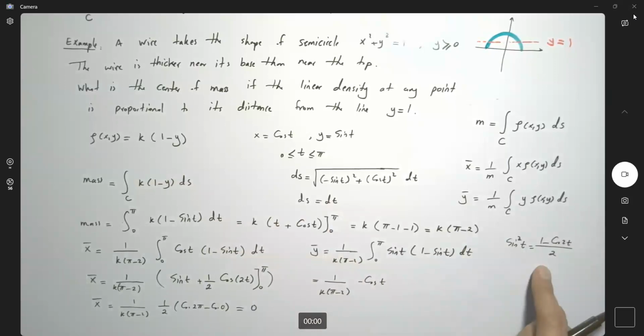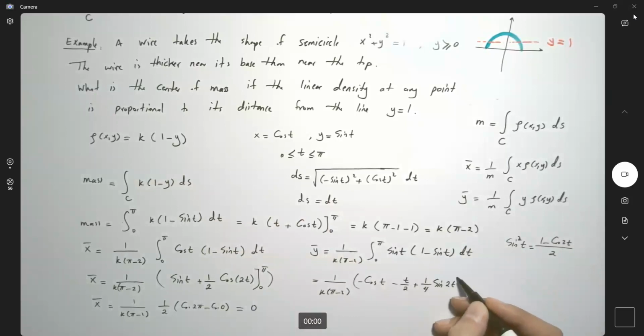Then you can take the integral, which is negative t divided by 2 plus 1/4 sine of 2t, and plug in 0 and pi.